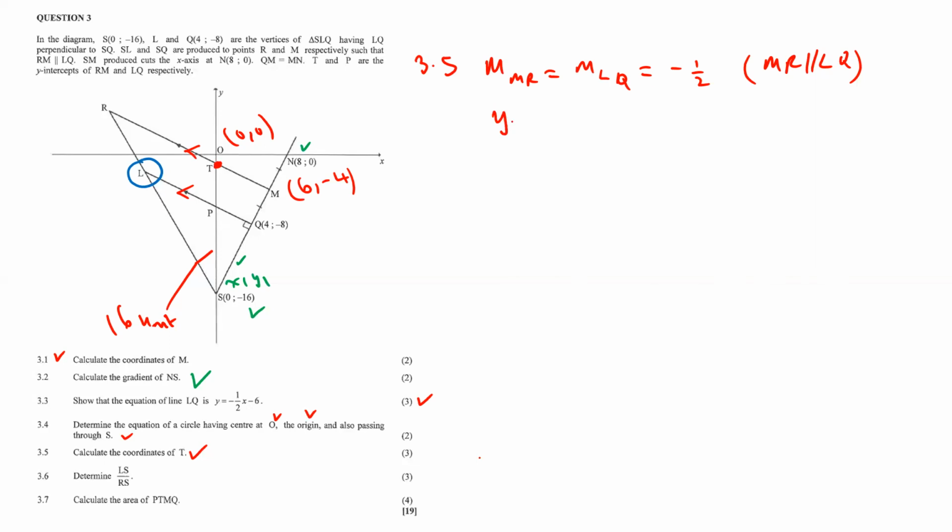So you can use y minus y1 is equal to m into x minus x1. So it's y minus, passing through M with coordinates 6, minus 4. So you have that, and therefore this is minus 1/2 times x minus, X1 is 6.